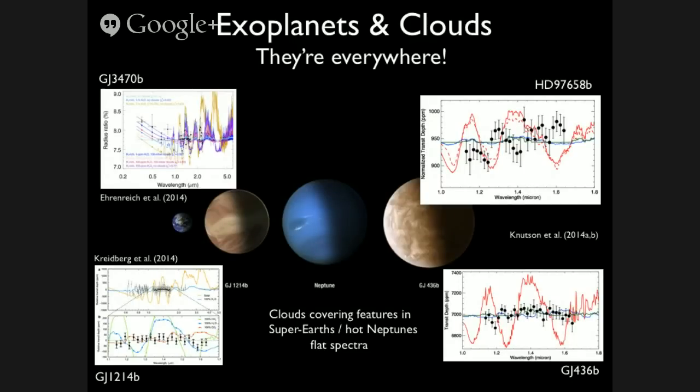You see here 4 different planets, and in each one there's the model spectrum, which should be carved out in the near infrared by water, but we have a frustratingly flat spectrum in each case. One of the main ways to explain this is to have some sort of very high altitude cloud layer covering all the features that you expect to see. So for the smaller, cooler planets, clouds are potentially very important.